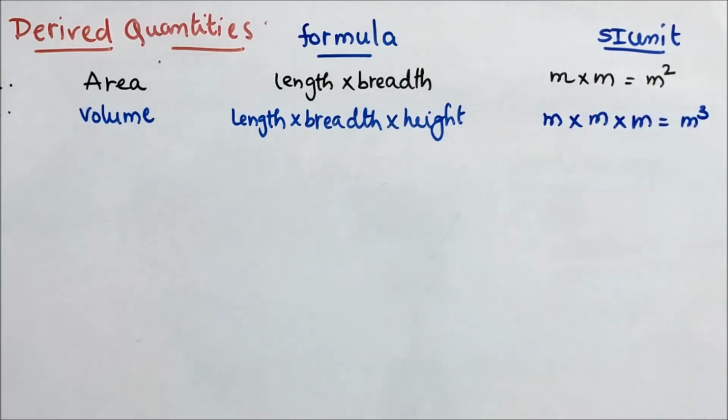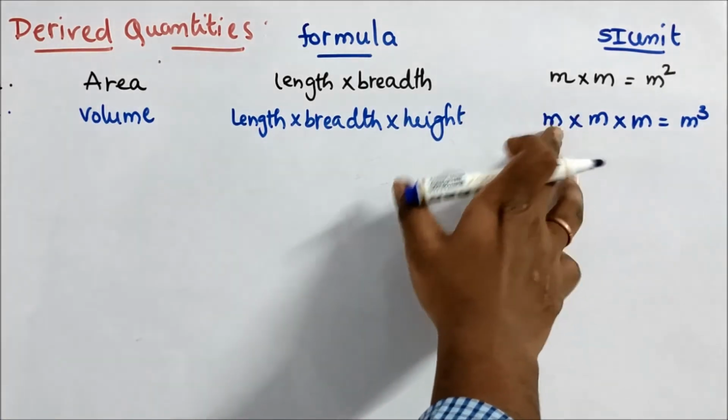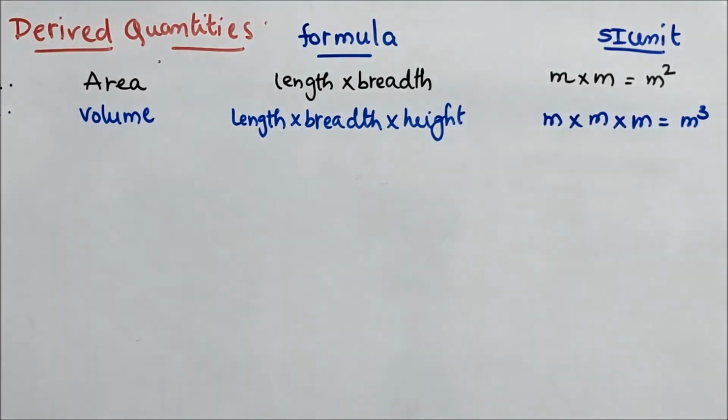So the fundamental quantity length is combined 3 times as a product, meter into meter into meter, and this gives us meter cube.